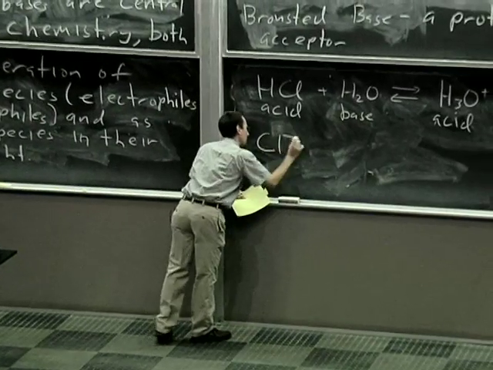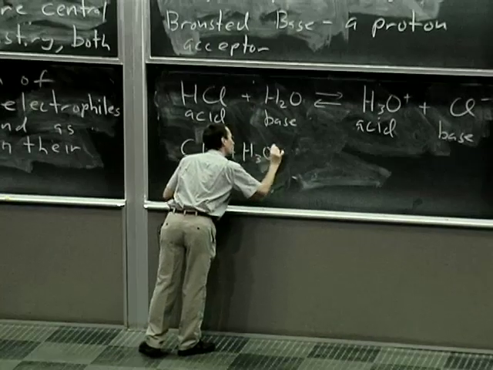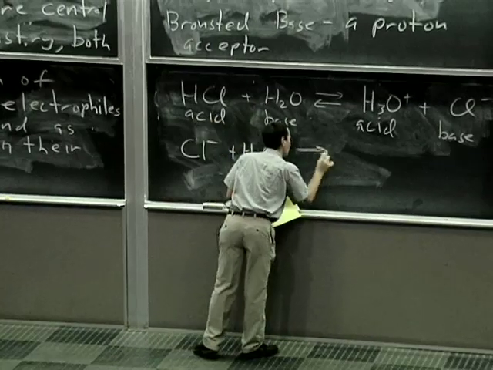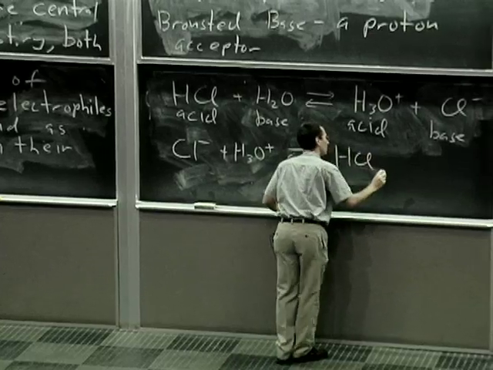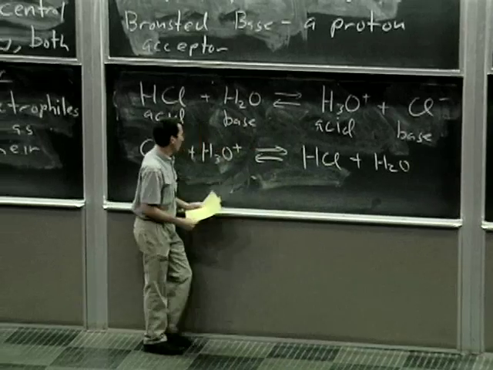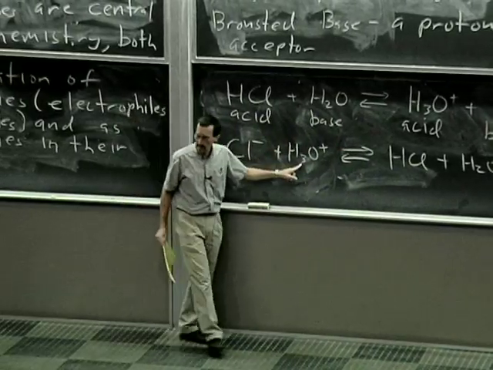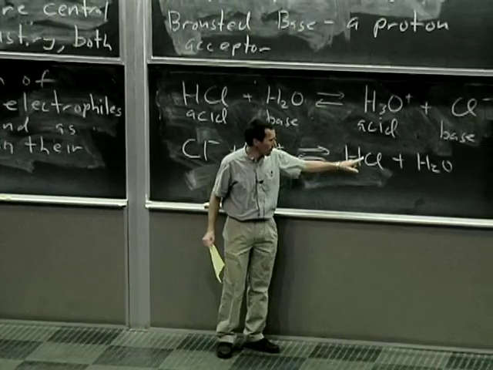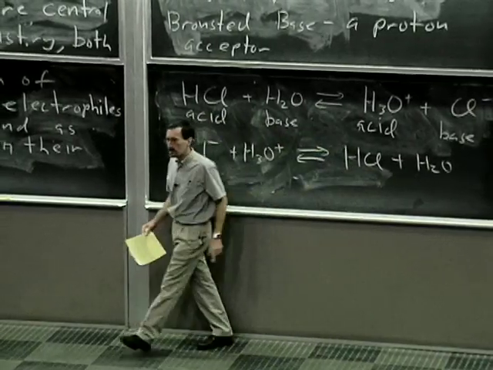Chloride anion plus H3O+ is in equilibrium with HCl and H2O. In that case, we'd be saying a base plus an acid is in equilibrium with the conjugate acid and the conjugate base.